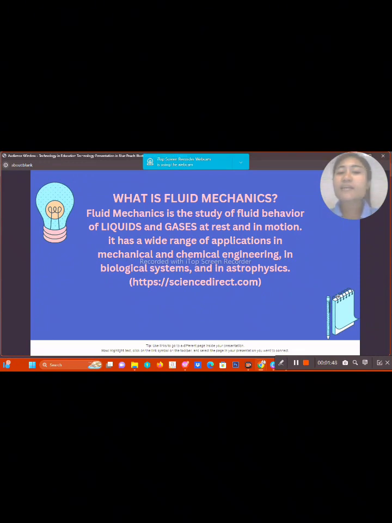So it has a wide range of applications in astrophysics, chemical engineering, biological systems, and mechanical engineering. Meaning, fluid mechanics plays a vital role in our daily life activities, which we sometimes knowingly and unknowingly use.